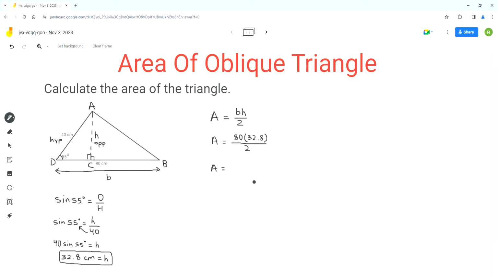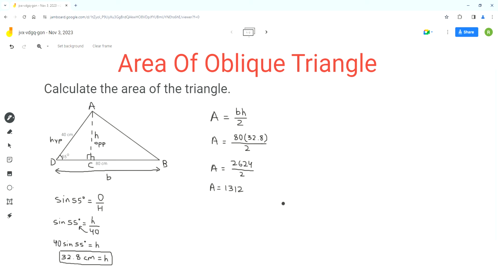So we start by multiplying the numerator terms. 80 times 32.8, which is equal to 2624 over 2, and which can be reduced to 1312.